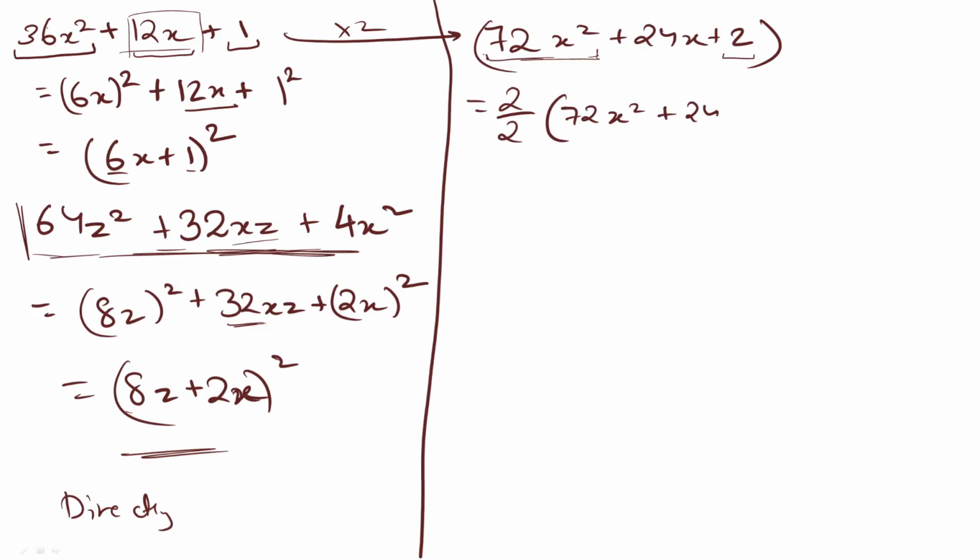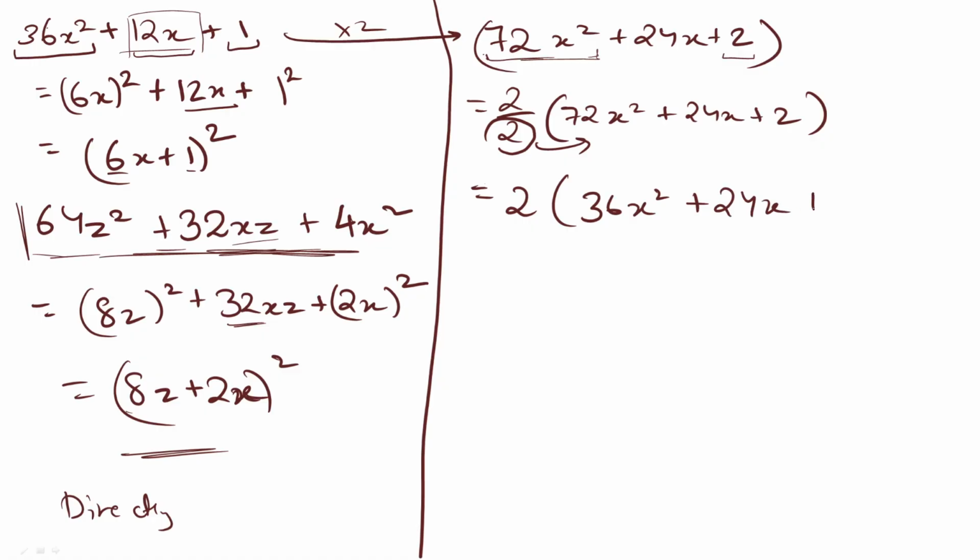This doesn't change the value, but we can factor out the 2. So this gives 2 times (36x square plus 12x plus 1), and then we can factorize this part, and we get 2 times (6x + 1) whole square. This will be our factorized form.